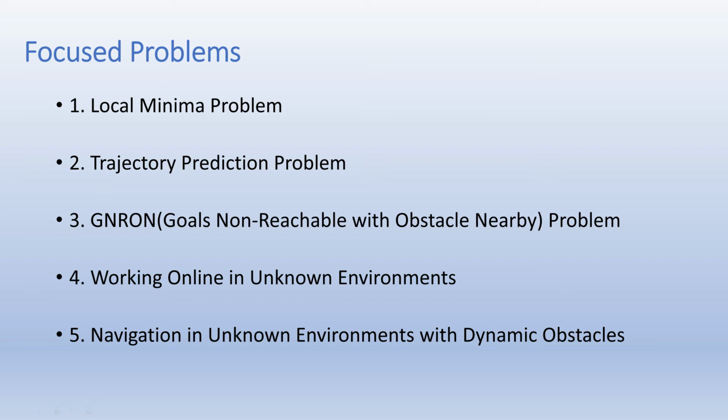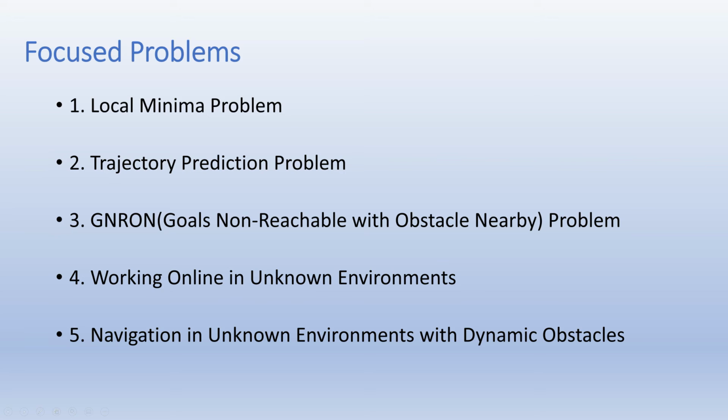The first is a very common problem we can meet in APF situations, which is called the local minima problem, and the second is the trajectory prediction problem, which is also very common if you have chosen the wrong parameters for the gains in the APF method.